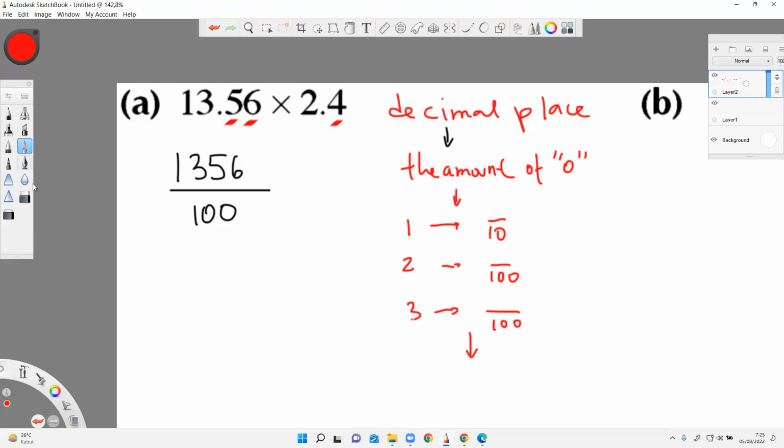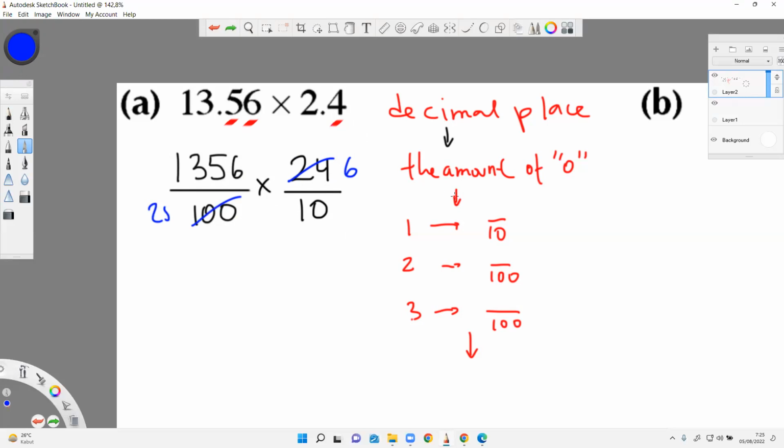Okay, and then next you multiply by 2.4. It means 24 over 10. Why? One decimal place right here. So what to do? Okay, you cannot simplify it by 2 by 2. It will waste your time so much. I divide by 4, I divide by 4.